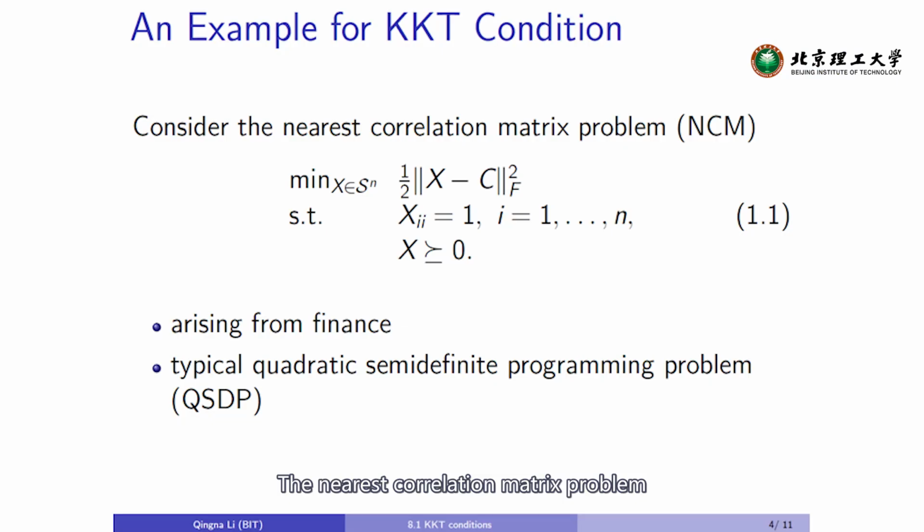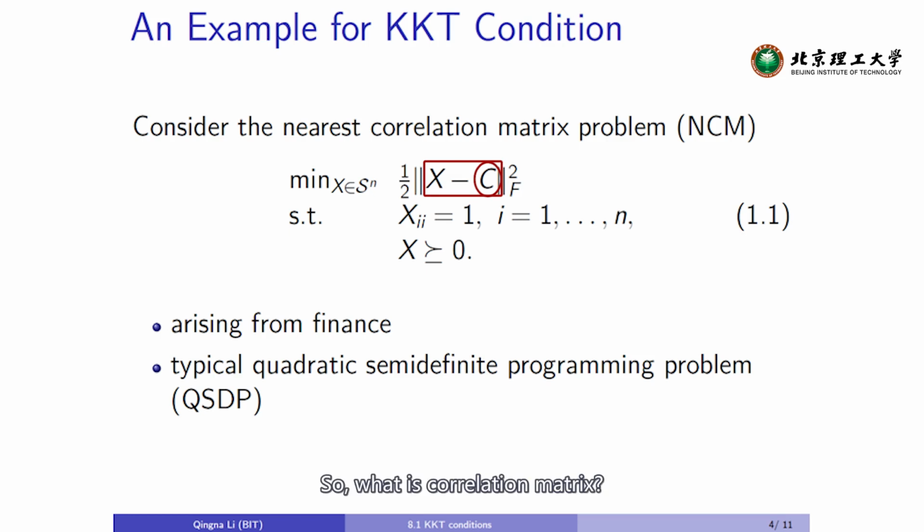The nearest correlation matrix problem is trying to find a correlation matrix X, which is the closest to a given approximate correlation matrix C. The observed matrix C represents a noisy correlation matrix, which may not be a true correlation matrix. So we are trying to correct it a little bit to make it a true correlation matrix.